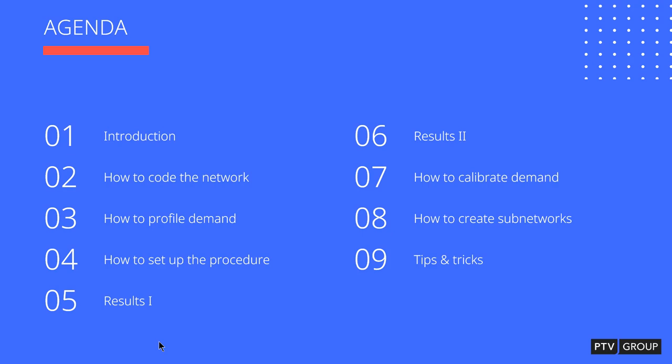So after that, we focus on demand calibration using dynamic matrix estimation. And finally, we will look at the process of generating subnetworks and their export to PTV Visum. And the series will end with some tips and tricks.